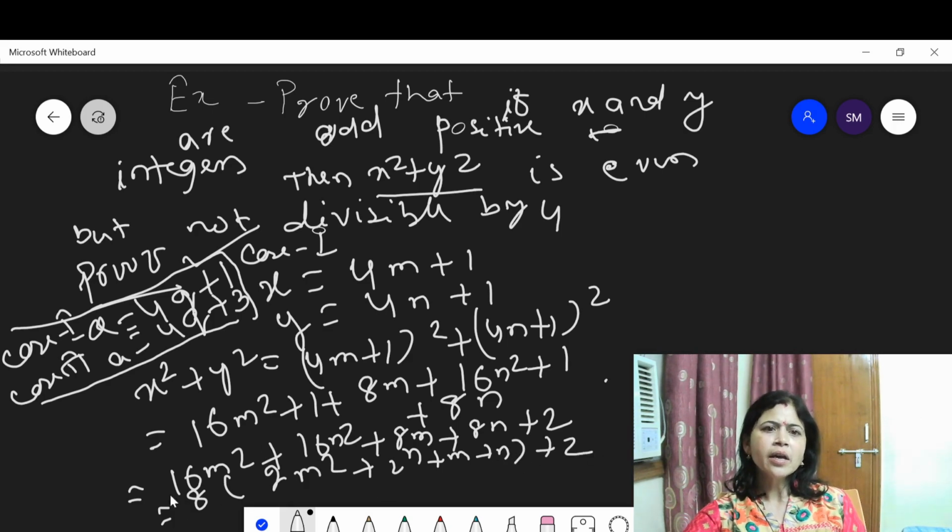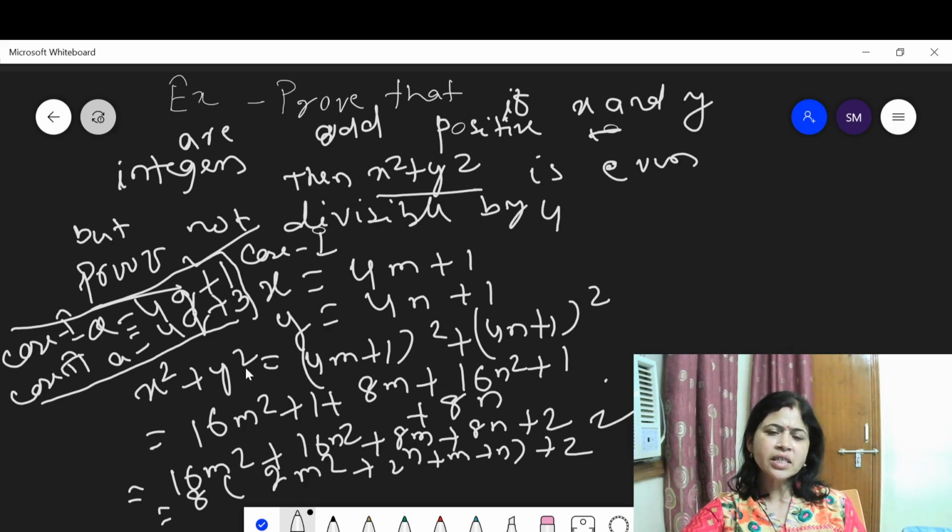This shows that x square plus y square is divisible by 2. Here the condition says that x square plus y square is an even number because you can take 2 common, but this is not divisible by 4.